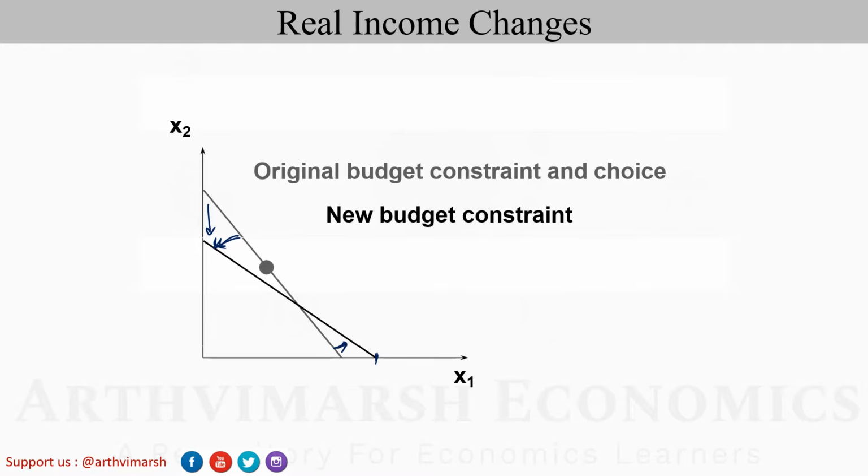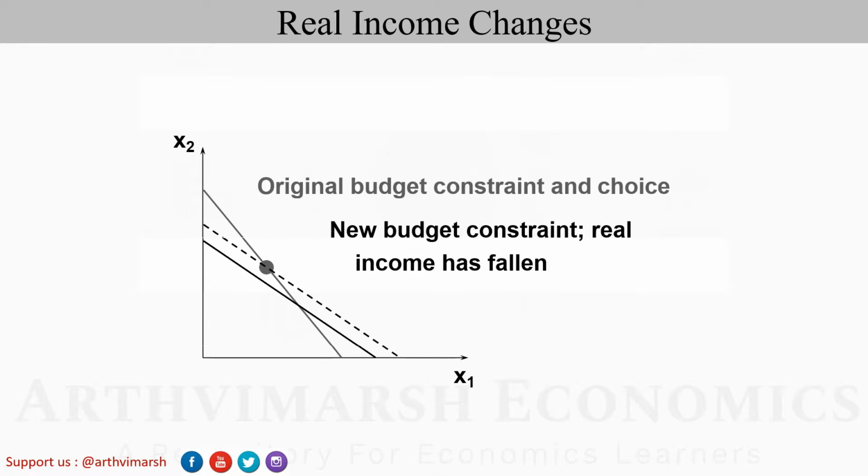So here x2 became expensive and x1 became cheaper. So the new budget constraint is this, and if we have to imply the change in income or real income, we can show that our budget line has pivoted backwards, right? So this is how it will be shown with a shift towards the left.